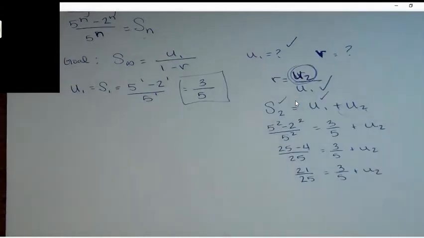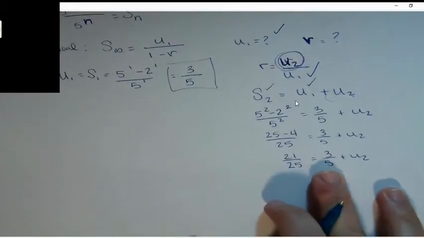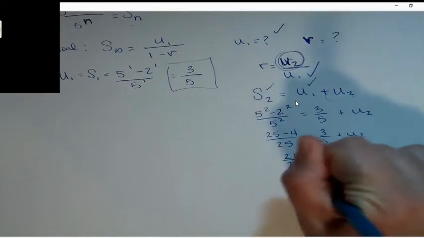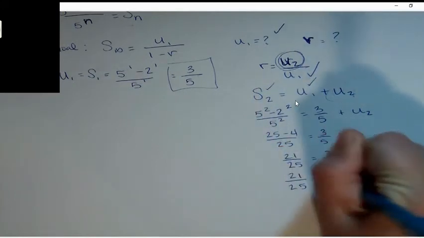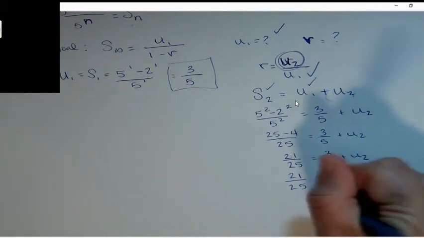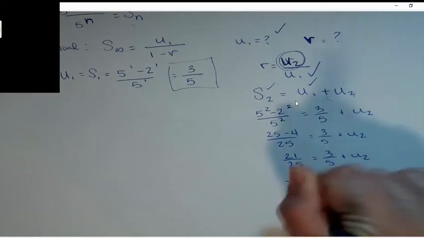Then when I subtract, well, first let's get a common denominator. That'll be really nice. We need to multiply by 5 on top and bottom. So we'll get 15 over 25 right here. When I subtract 15 from 21, I should get 6 over 25, and this should be equal to my U2.